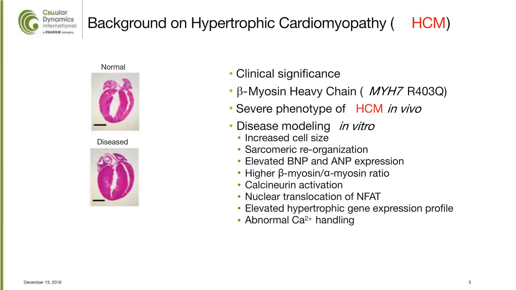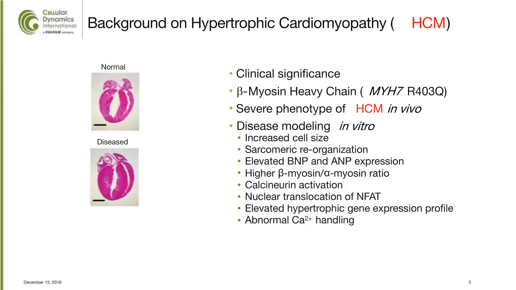HCM can be caused by many sarcomeric mutations. In particular, the beta-myosin heavy chain mutation accounts for over 50% of HCM cases. Mutations in this gene really have a severe phenotype.